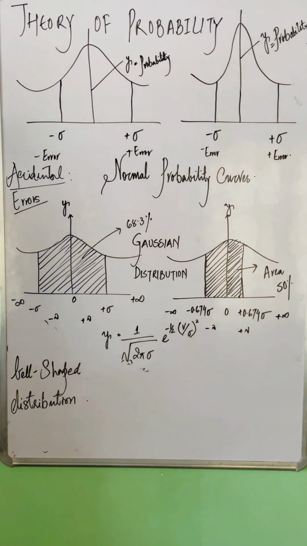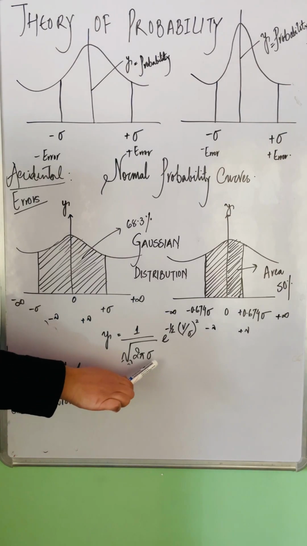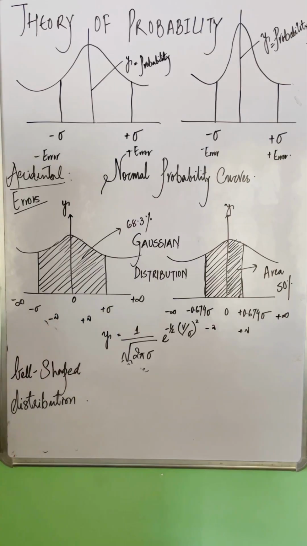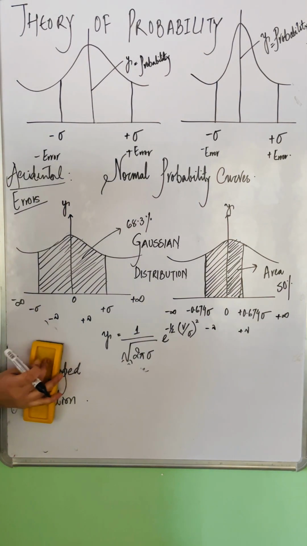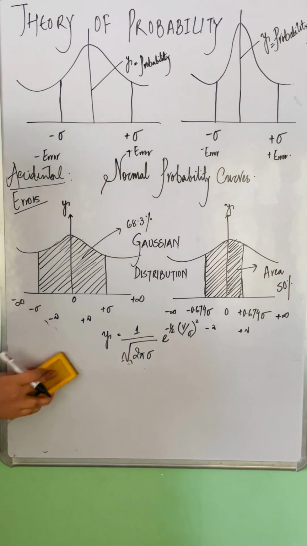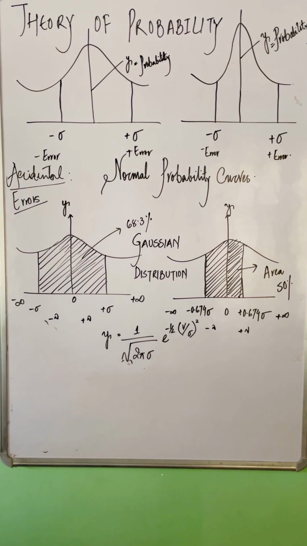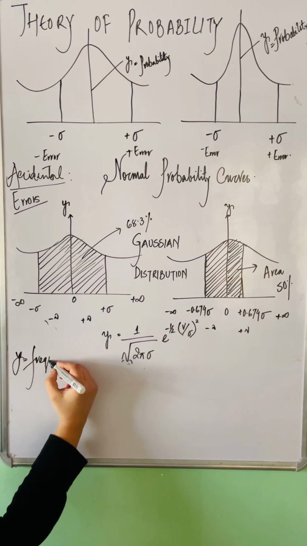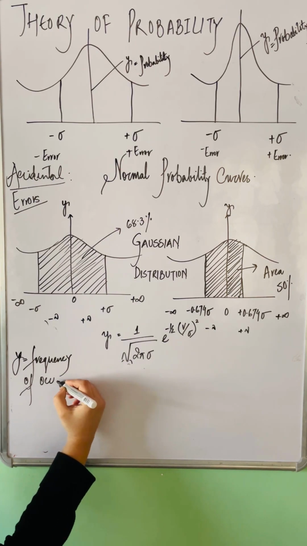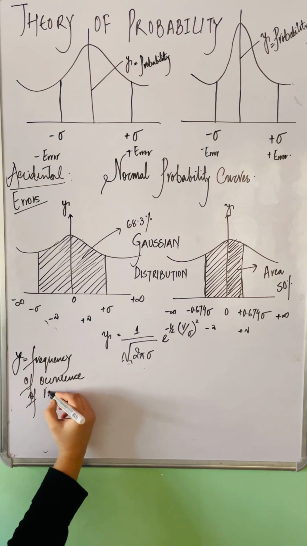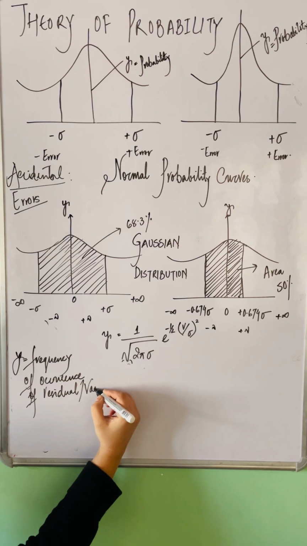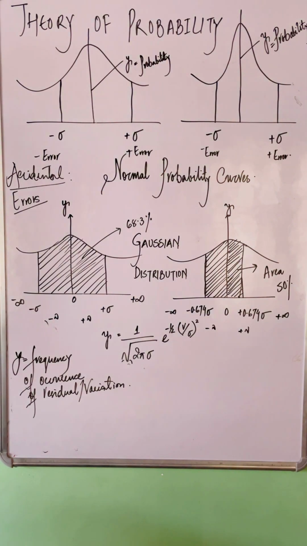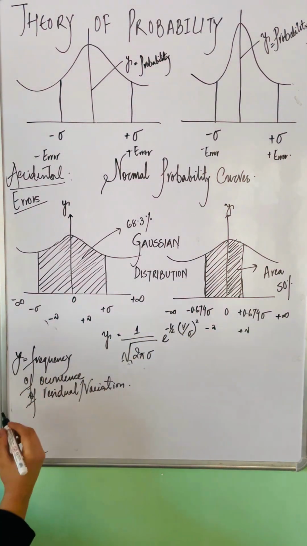This Gaussian distribution can be expressed as y equals 1 by square root of 2 pi sigma, e raised to the power minus 1 by 2, v by sigma squared. Let me write it down over here. What do these terms mean? Y is the frequency of occurrence of the residual, which is also known as variation, and it's the difference between the measured value of a quantity and the most probable value.